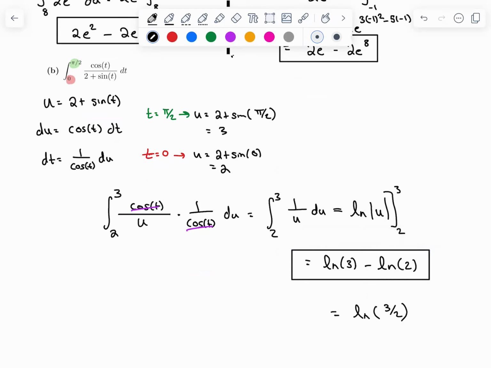If you want to be clever, I'll write on your paper, ooh, nicely done, remembering your properties of logs. But that would be using option 1. I guarantee you, if you do it with option 2, if you like that method more, it'll get you the same answer.